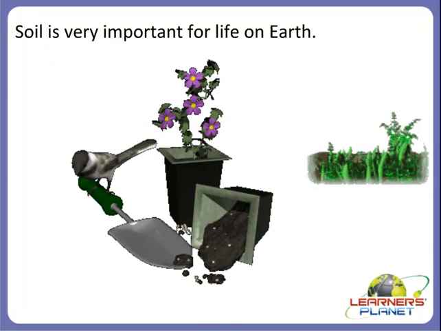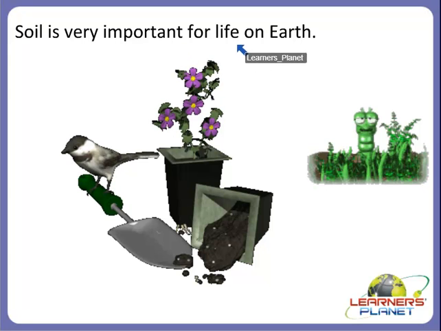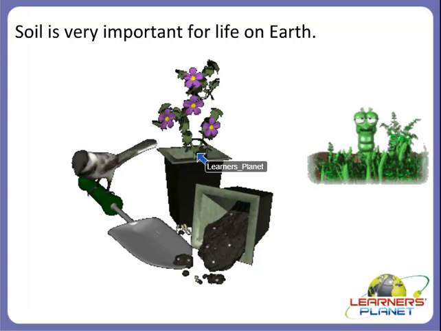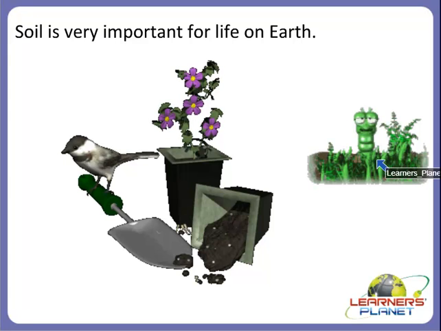So children, we can say that soil is very, very important for life on earth. So why is it important? You can see in the picture, birds and animals are dependent on it, right? It is very important for life on earth, because many plants, many animals and birds, they all depend upon the soil, because plants grow in the soil.